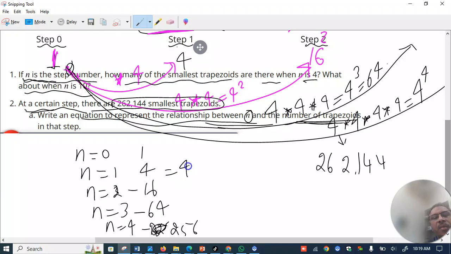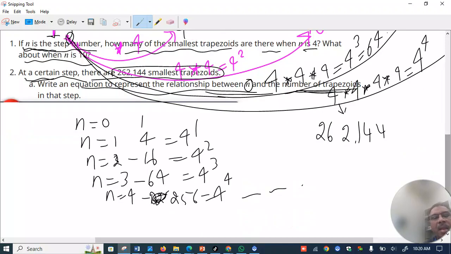So this is 4 raised to 1, this is 4 raised to 2, this is 4 raised to 3, this is 4 raised to 4. And whatever n is, in general, for n equals n, it could be anything, it would be 4 raised to n. That's it.